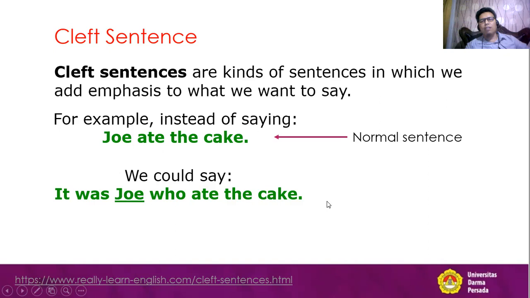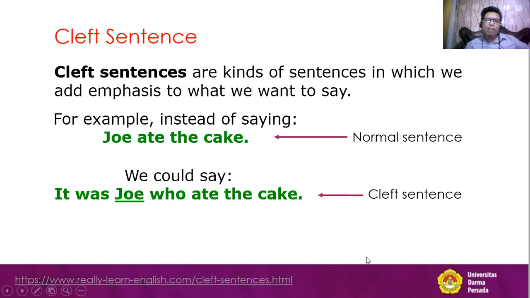Everybody, this is a cleft sentence. So you find there is a kind of big change. Joe ate the cake, and then you have it was Joe who ate the cake. Do they have the same meaning? Yes, because we are talking about Joe, about eating, about the cake.